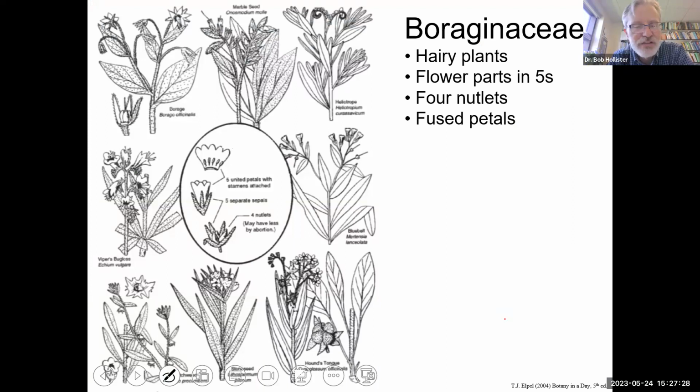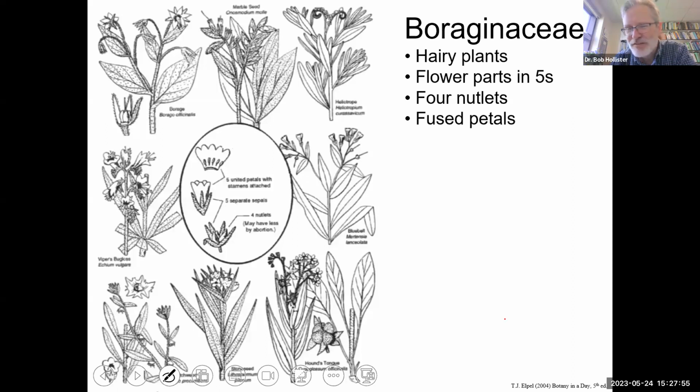The Boraginaceae, or borage family. These ones are just cute because they're hairy. That makes them kind of weird. And then they've got the fused petals. So there's like 5 distinct lobes to it, 5 petals that are fused, and almost always they're fuzzy.